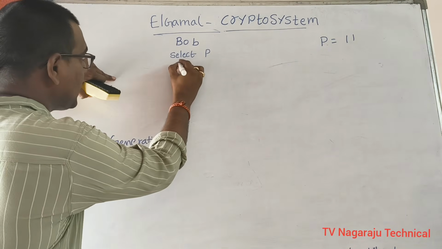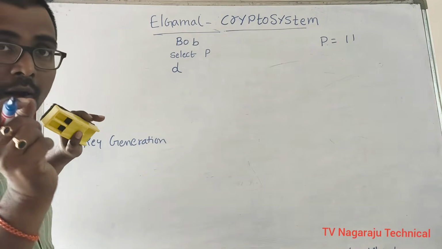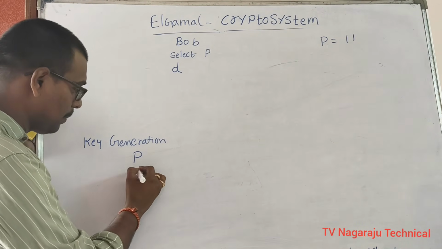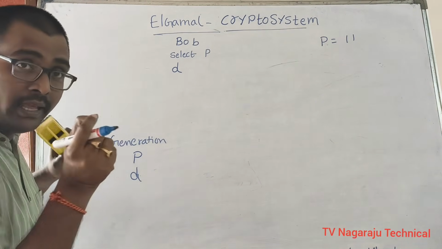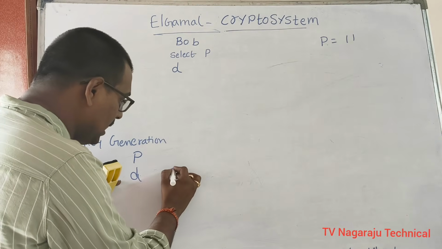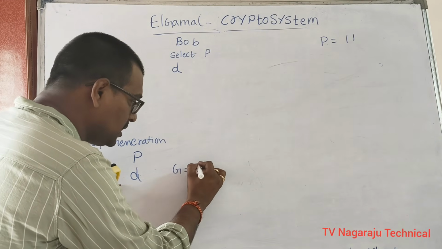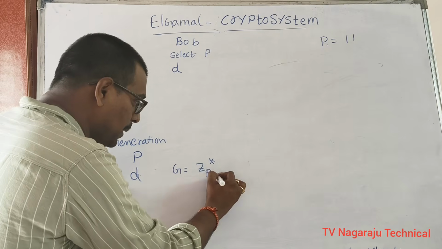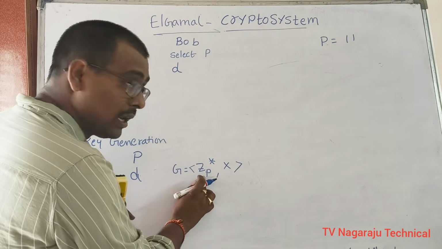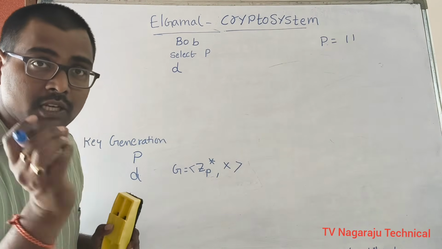After this, he selects a value D such that D belongs to the group G is equal to ZP star comma X. We already know ZP star. What is ZP star?